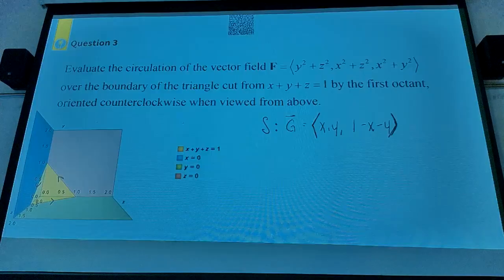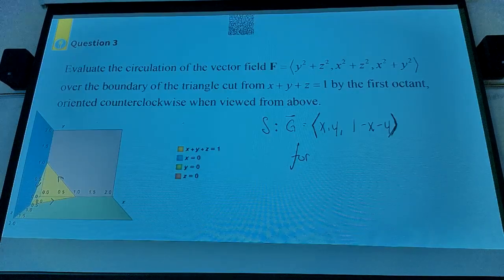It encloses the surface of the triangle. We can represent that surface with z equals f of x, y, right? Which is 1 minus x minus y. That's our parameterization. We need a domain.